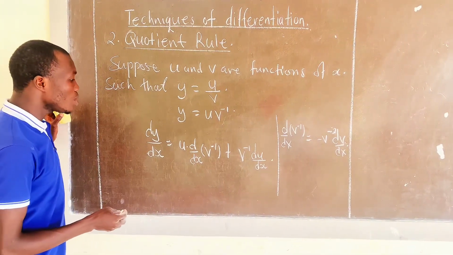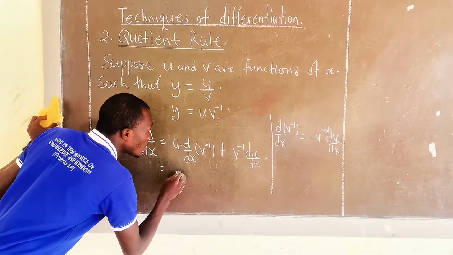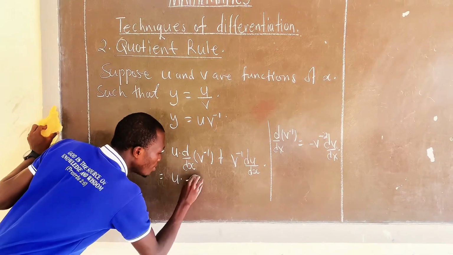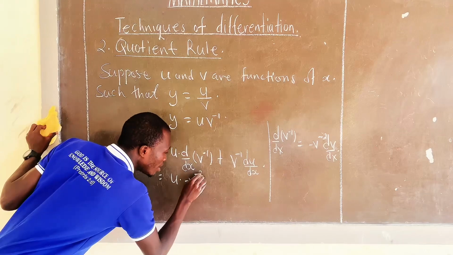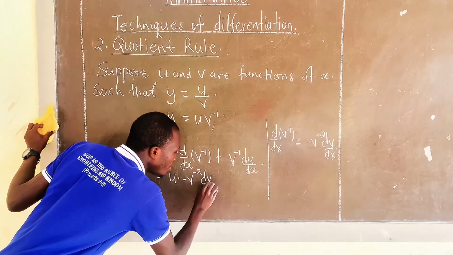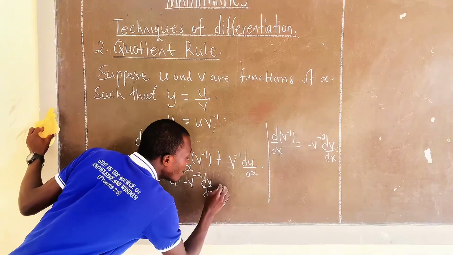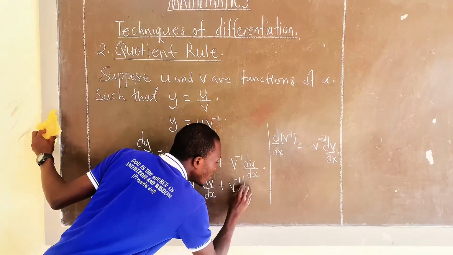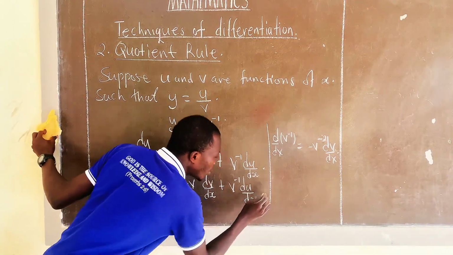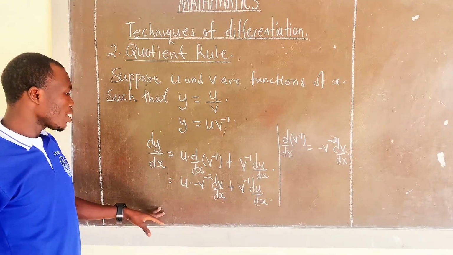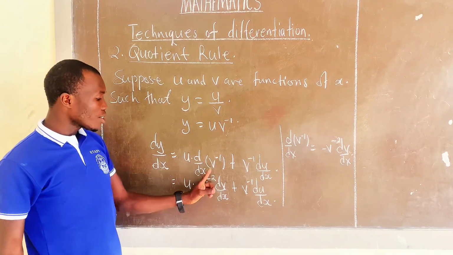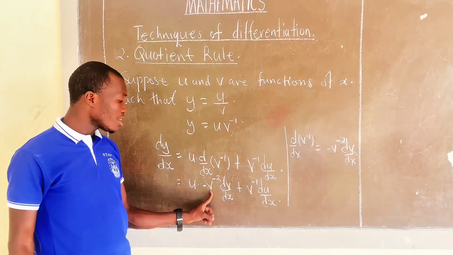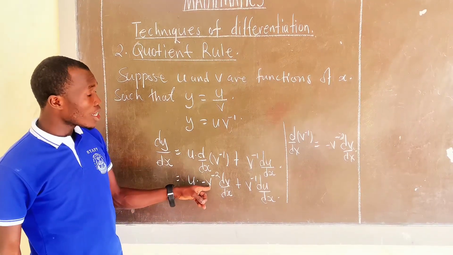So if I substitute, I will have u times negative v to power negative 2 dv dx plus v to power negative 1 du dx. Now what we are going to do here, we shall make them positive by getting their reciprocal.